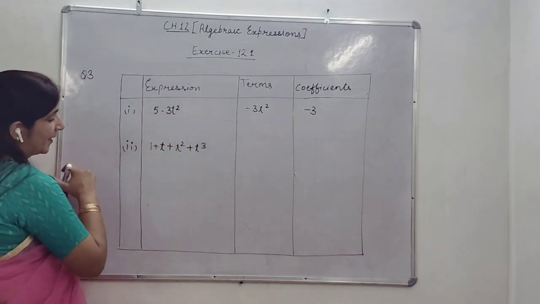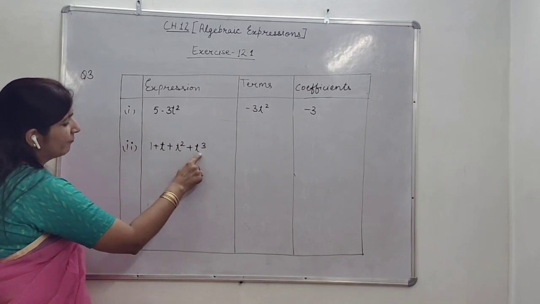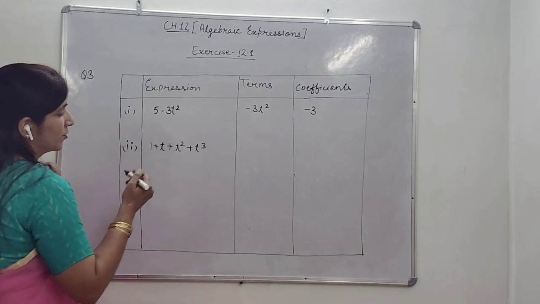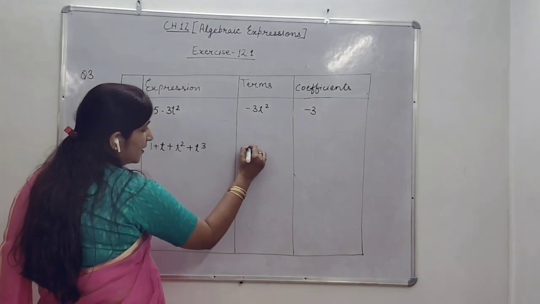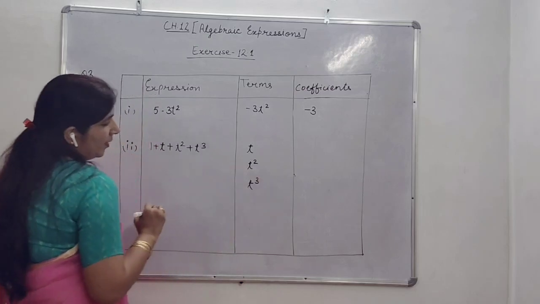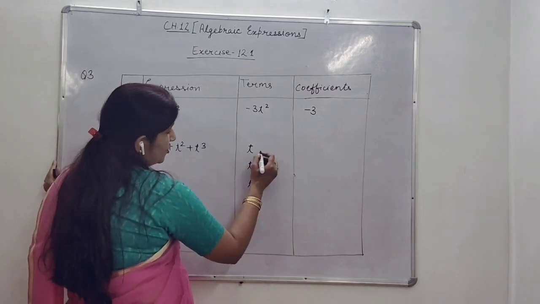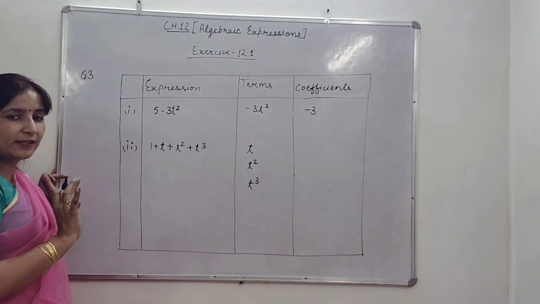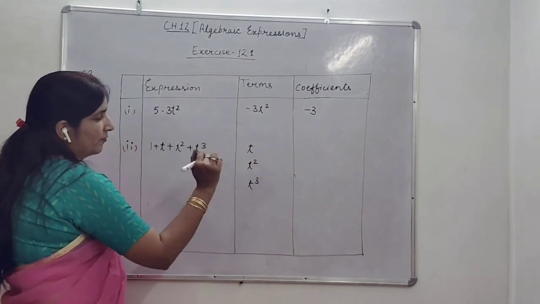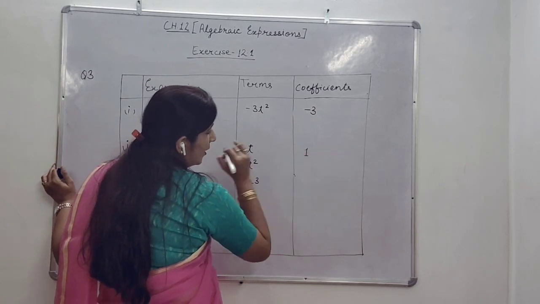Now the second part, you can see here are 4 terms, but we'll write the terms other than the constant. So there are 3 terms other than this: t, t square and t cube. Now separately we need to write the coefficient. What is the coefficient of t here? Nothing is written along with t, which means 1 is always present here. 1 into t is always t. So the coefficient here is 1.